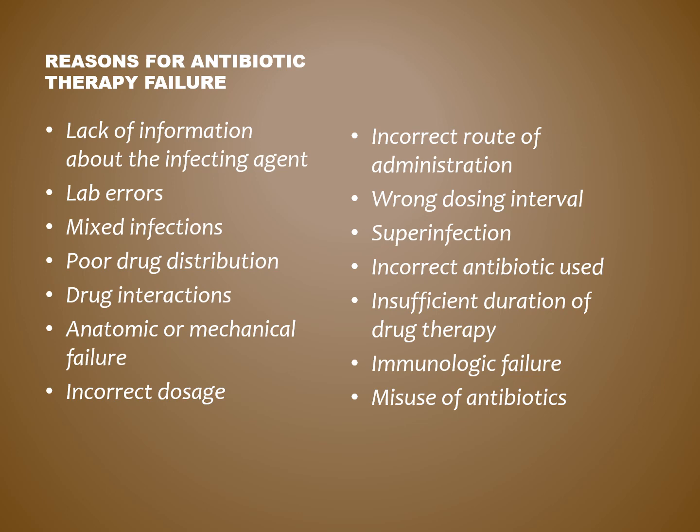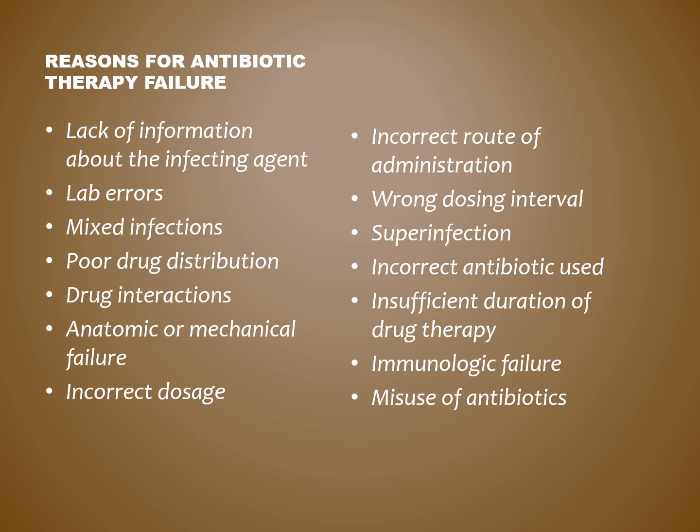Drug interactions, including drugs that are antagonistic to one another. If you have an anatomic or mechanical failure, for example, if you have necrotic tissue, and necrotic tissue can actually absorb certain concentrations of antimicrobials. If you have given the incorrect dosage of the antimicrobial, that's probably not going to take care of an infection.